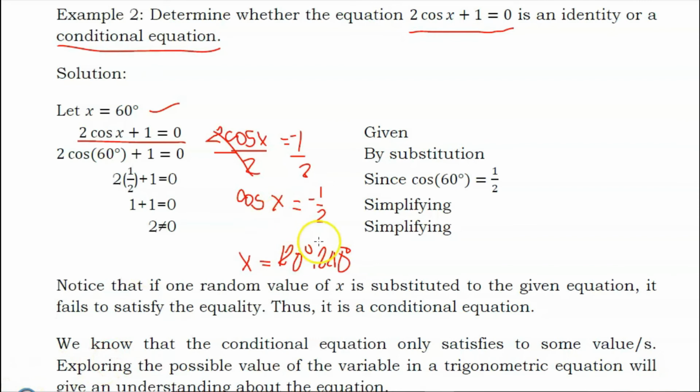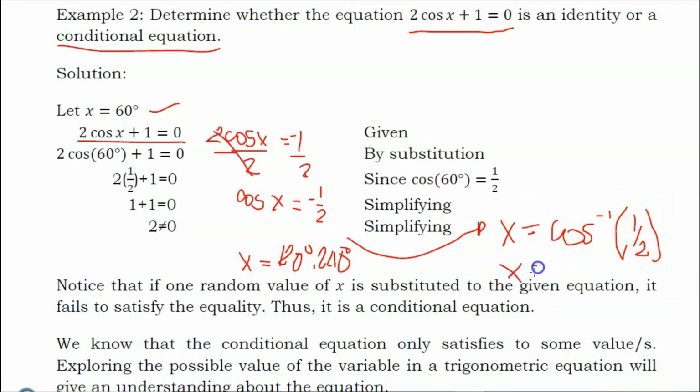There are also other ways to solve for x. We can just have x equal to the cosine inverse of -1/2, which gives us x equal to 120 degrees.